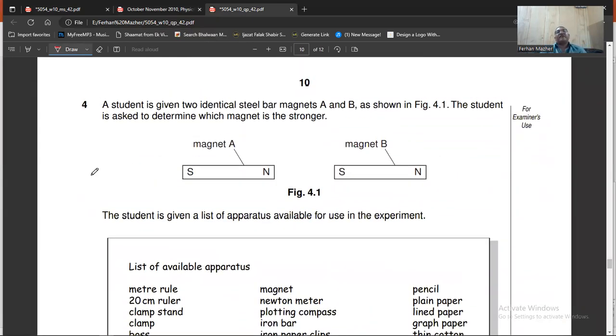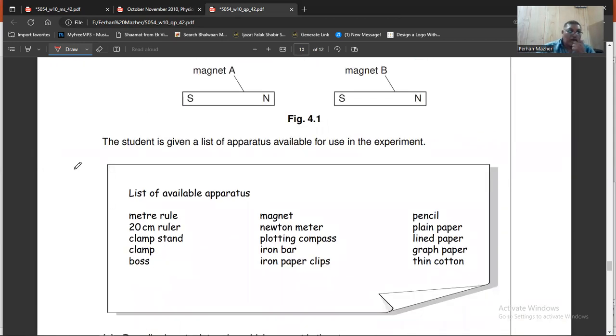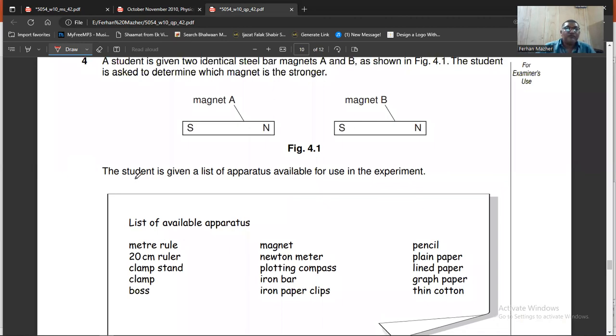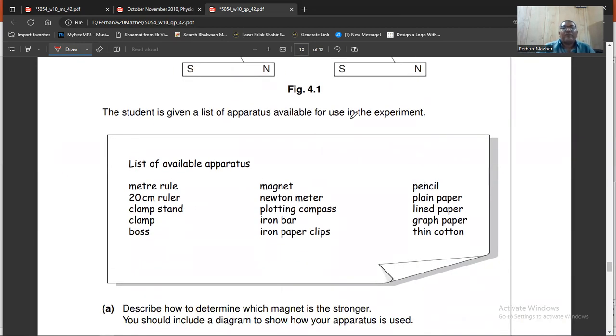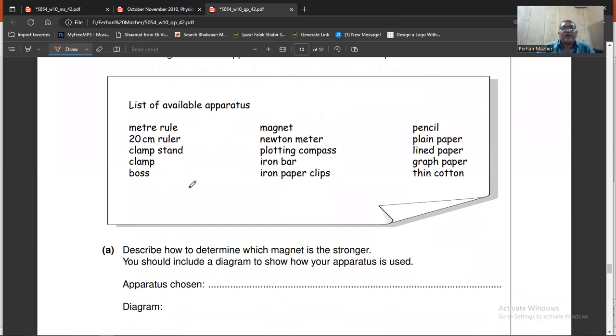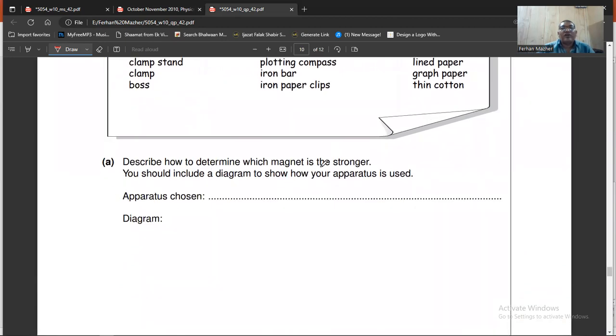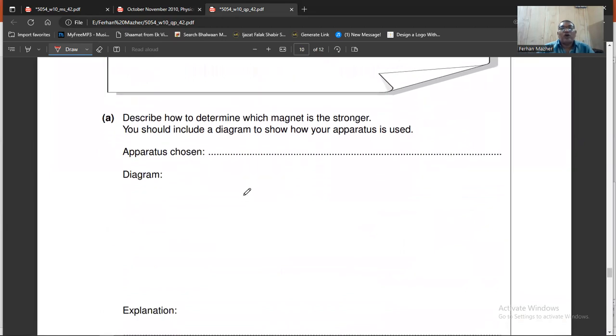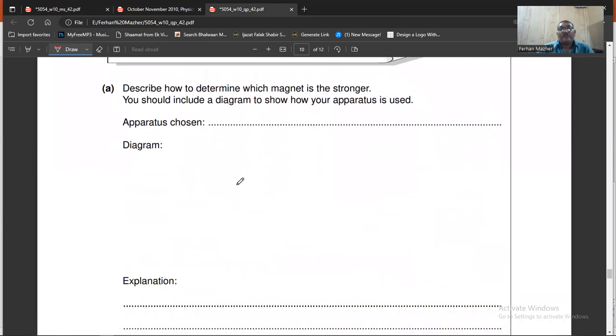He says a student is given two identical steel bar magnets A and B as shown in figure 1.4. The student is asked to determine which magnet is stronger. He says the student is given a list of apparatus available for use in the experiment. Describe how to determine which magnet is the stronger. You should include a diagram to show how your apparatus is used.